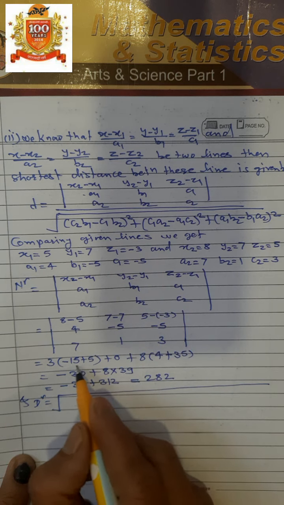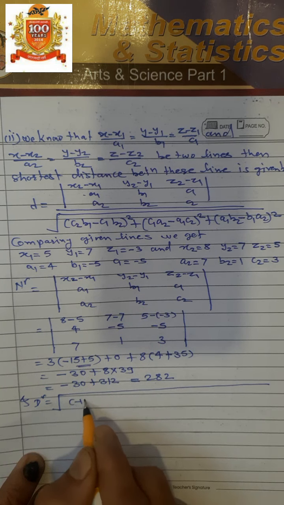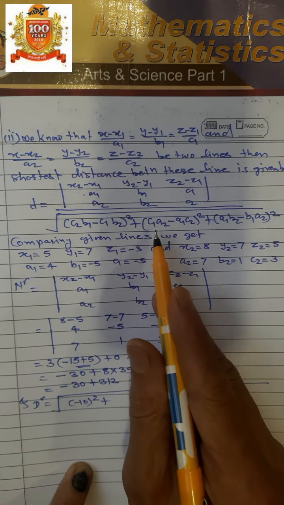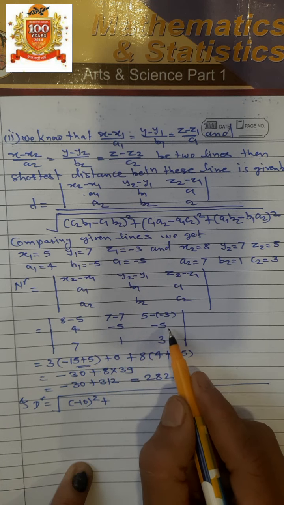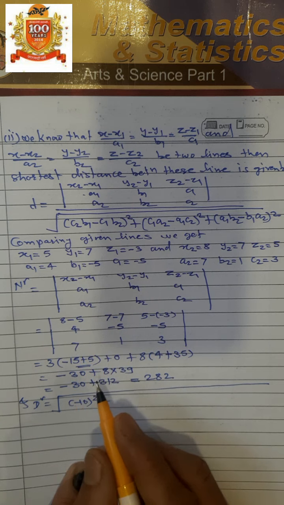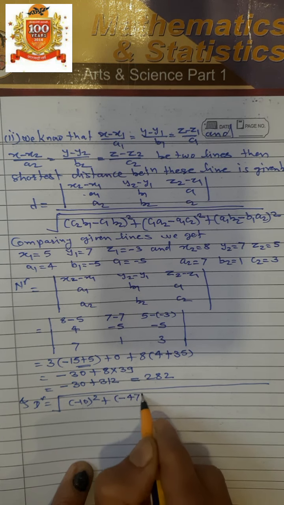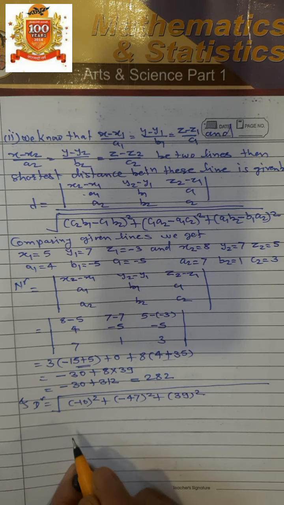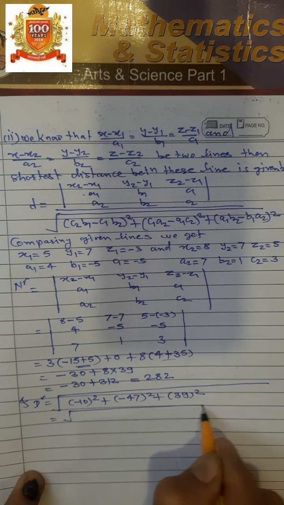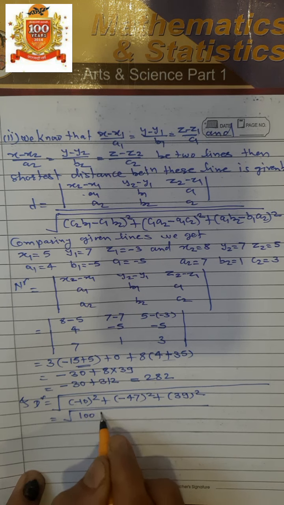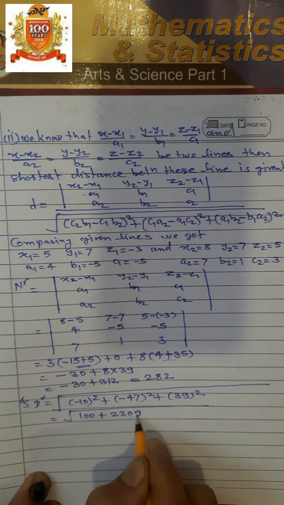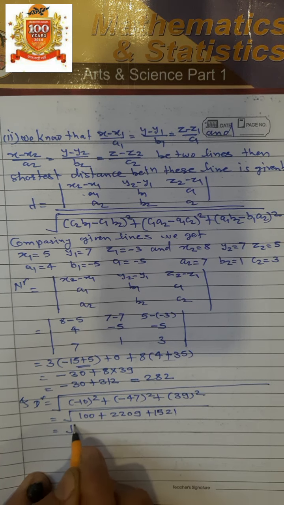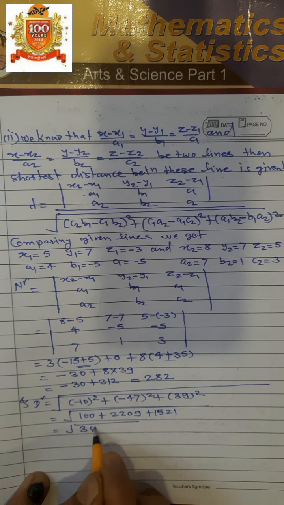Here the value is minus 10 square plus, here the value is (c1 a2 minus a1 c2), 7 5s are 35 plus 12, that is equal to 47, minus 47 square plus 39 square, which is equal to square root of 100 plus 2209 plus 1521, that is equal to square root of 3830.